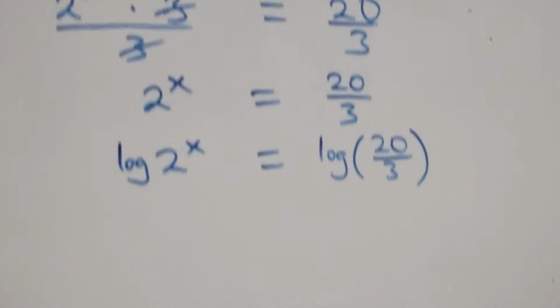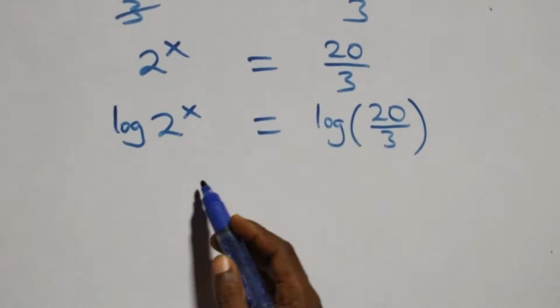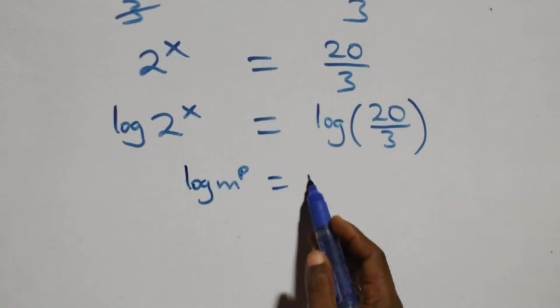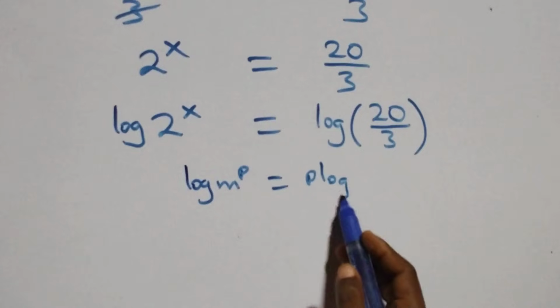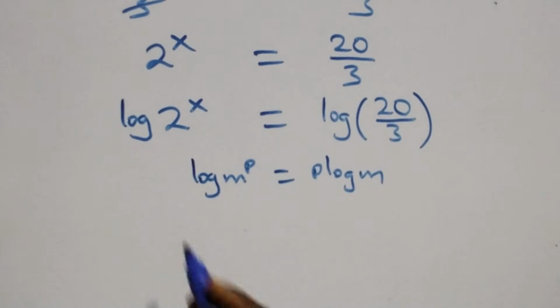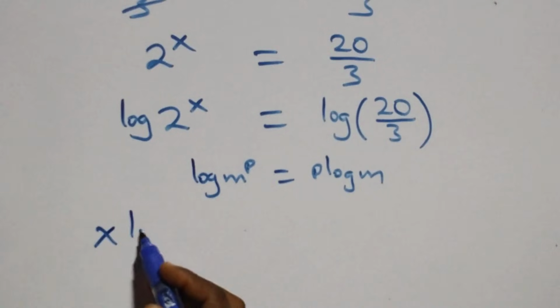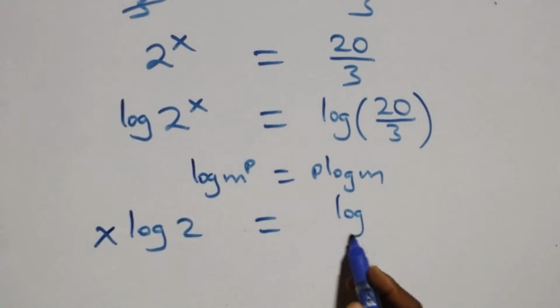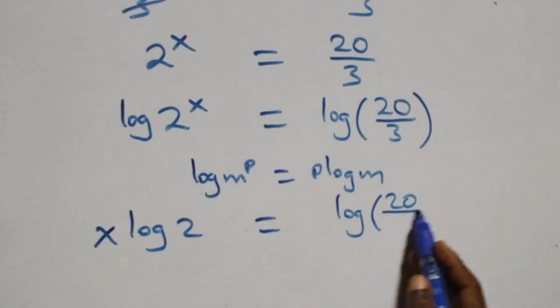The next step, we apply the power law of logarithm. When we have log m raised to power p, this is the same thing as p log m. That is, here what we have becomes x log 2 equals log 20 over 3.